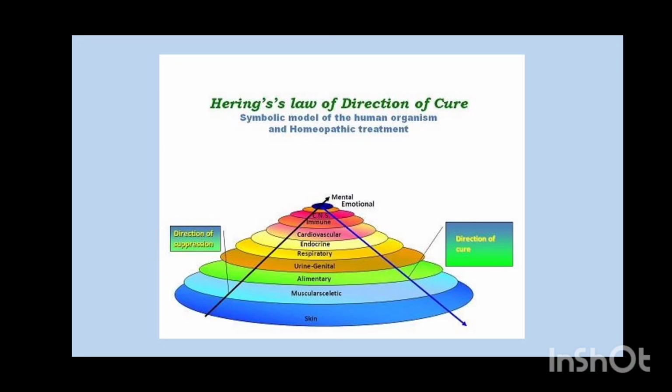This is how suppression takes place in a disease process. So when the cure takes place, the direction of cure will be just opposite to that, and we'll talk about it in the coming slides while discussing the four parts of the law.